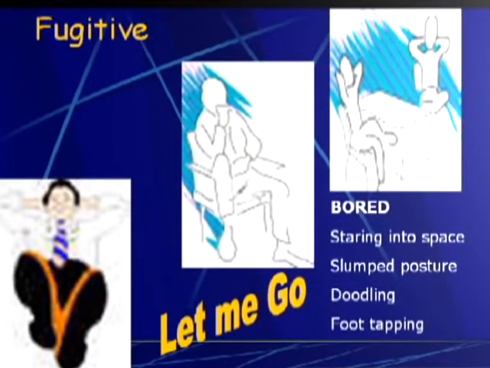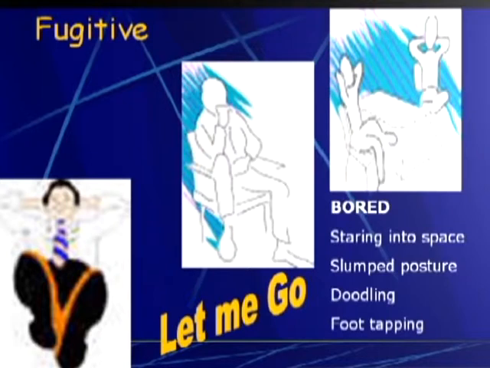The fugitive, which is normally called a monotonous or bored presentation: people will yawn. They will be staring towards the space. There will be a slumped posture.